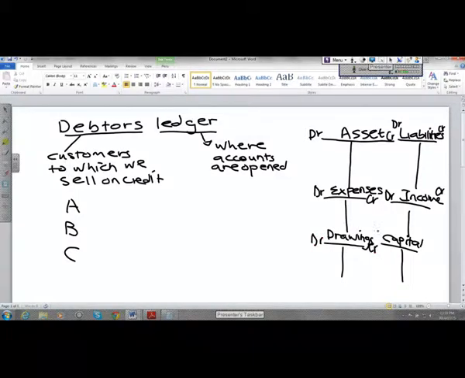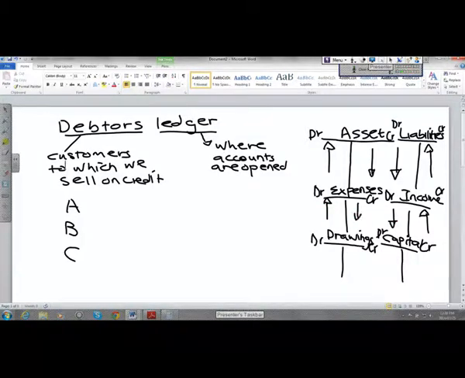We remember from our foundational principles that assets increase on the debit and decrease on the credit. Liabilities increase on the credit and decrease on the debit. Income increases on the credit and decreases on the debit. Expenses increase on the debit and decrease on the credit.